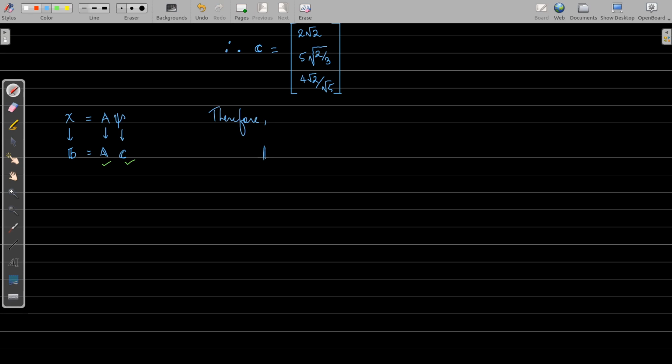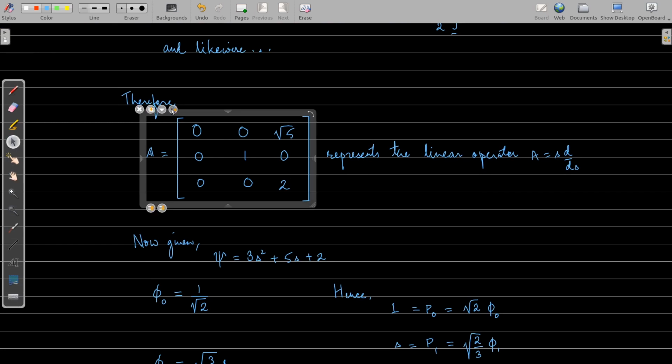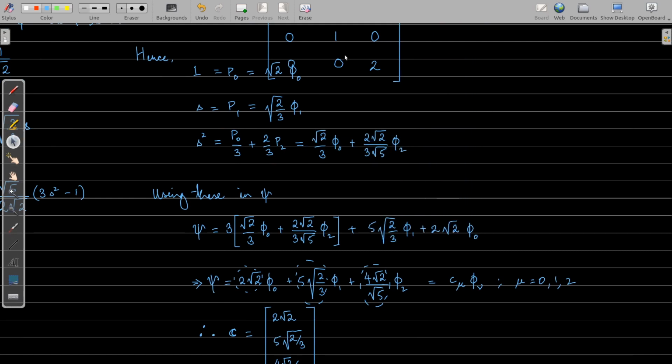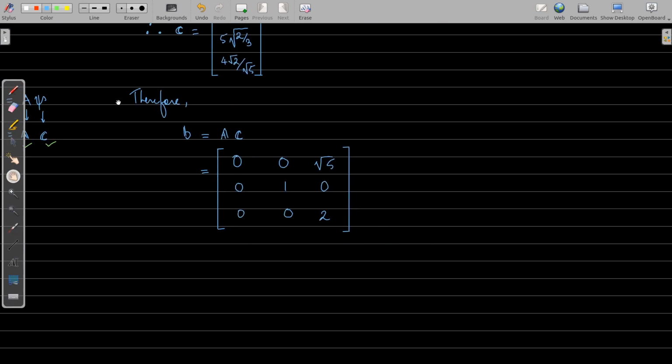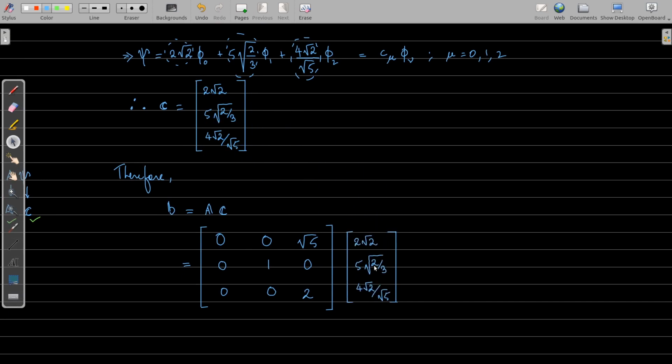Therefore this column matrix B that we are looking for is equal to A times C, and we already have A. A is this matrix, and C is this column vector.